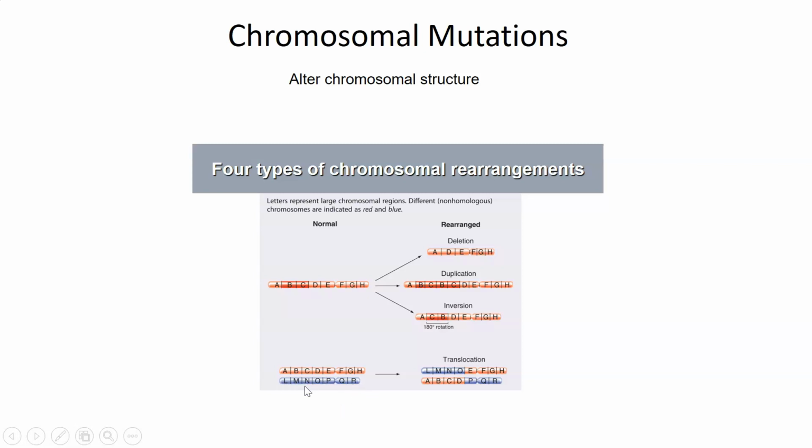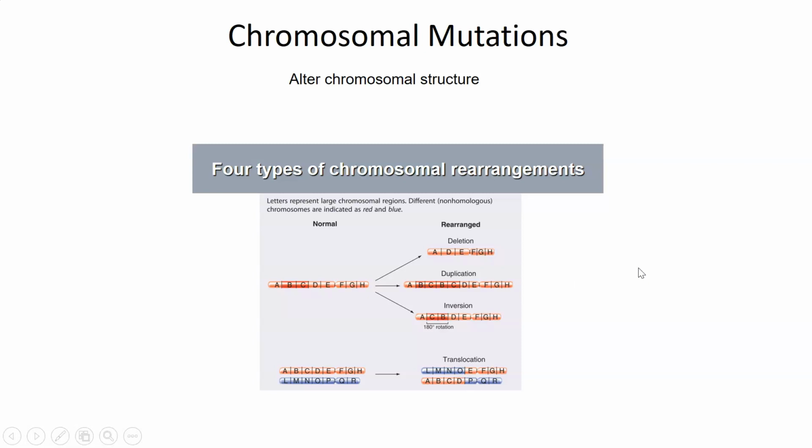If you swapped the LMNO segment for the ABCD segment, you would get this. 2 chromosomes having segments in which the original segment is now moved to another chromosome, and in its place is a segment of the other chromosome. So that's called a translocation chromosome.